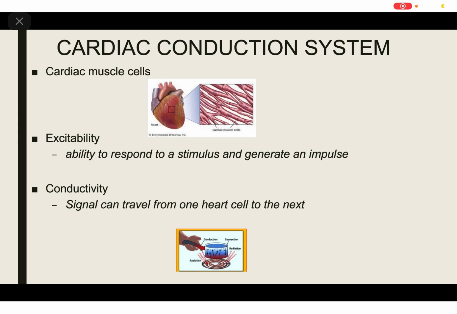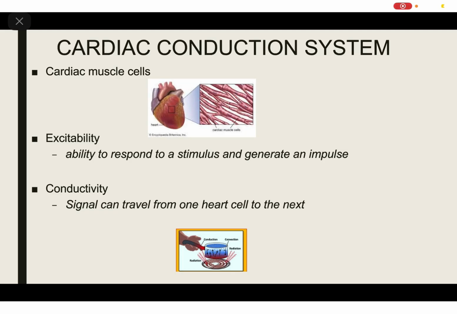Okay. All right. So the properties of the cardiac conduction system are really important, and conductivity. There's actually four properties, but we'll just go over these two. Excitability is the ability for these cells to respond and generate an impulse. So basically what that means is that between the excitability and the conductivity, these cardiac cells are pretty much doing the wave, right?